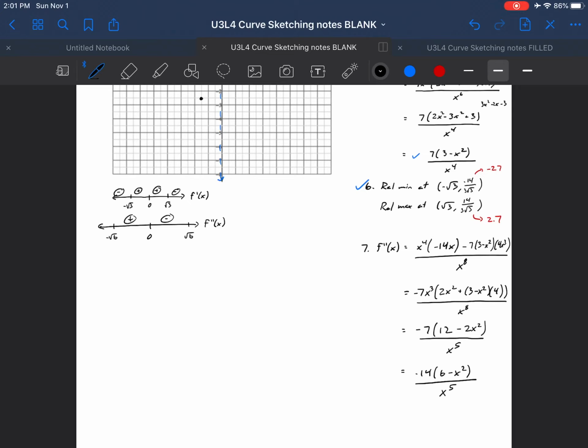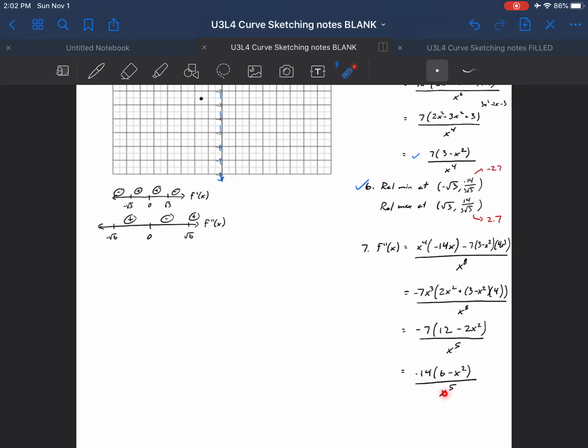And if x is bigger than root 6, negative, negative, positive. So whole thing positive. And finally, if x is less than negative root 6, negative, negative, so positive over negative.